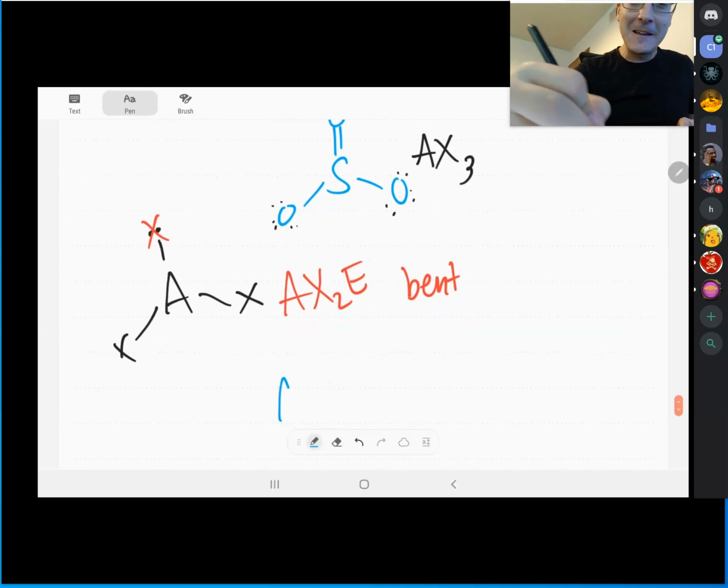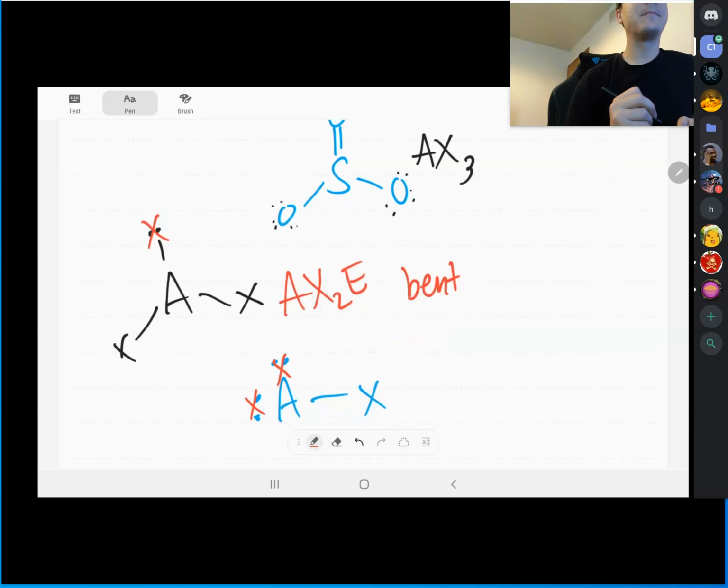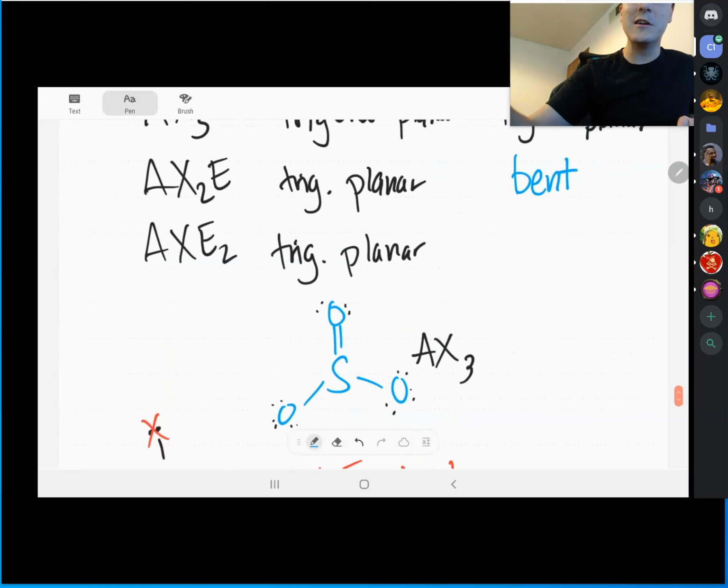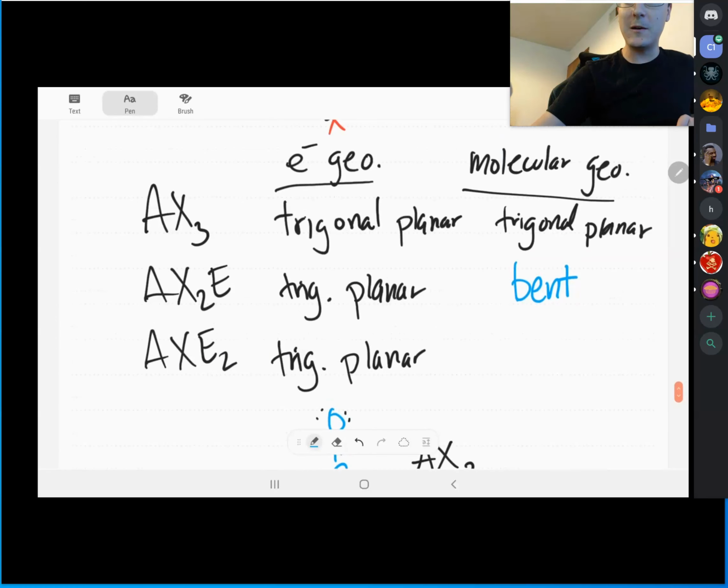And then if we somehow had something that was like this, what's its shape going to be? Linear again. Yeah. So you see we're not learning really any new words except for trigonal planar on this one.